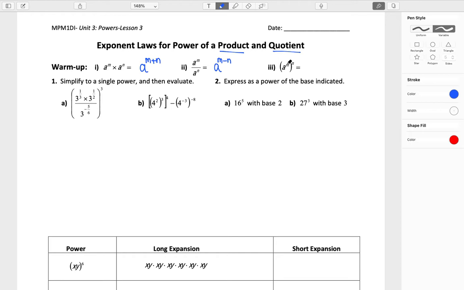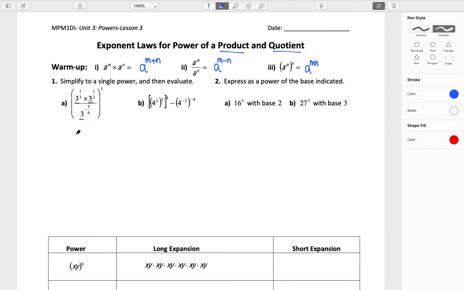And when we have a power of a power, with exponents right beside each other, we multiply m times n. Okay. Now let's try some questions. Let's try number 1. I want you to simplify to a single power first and then evaluate. Inside the bracket, I have the same base of 3, 3, and 3.